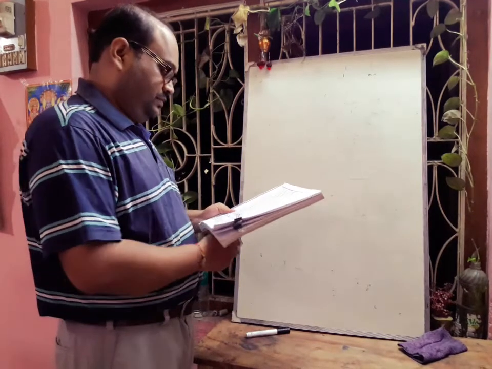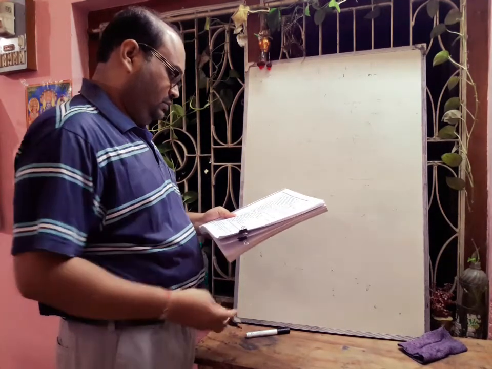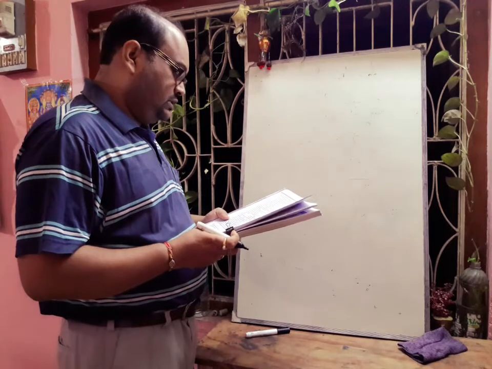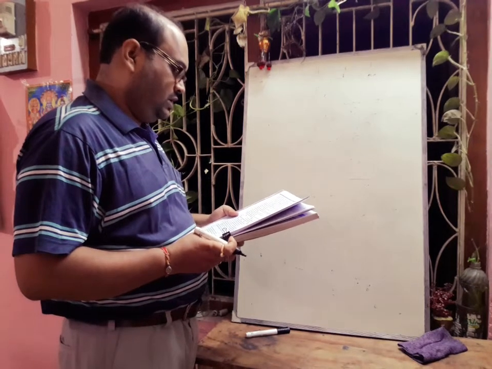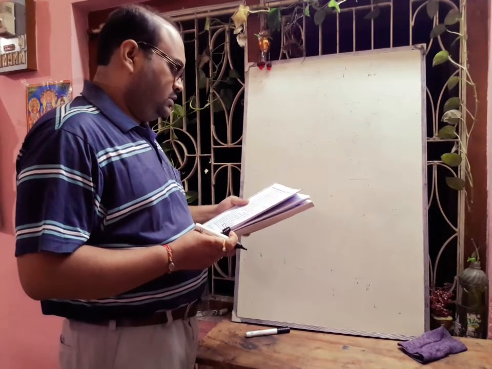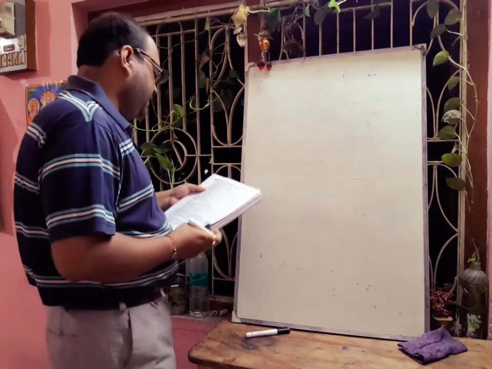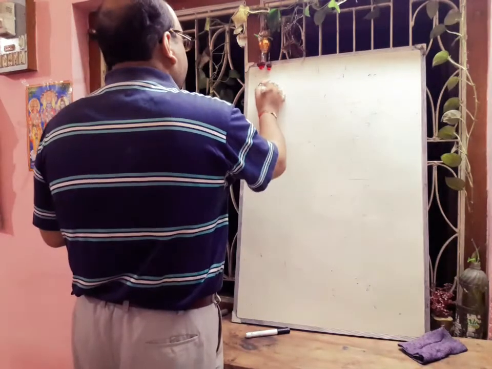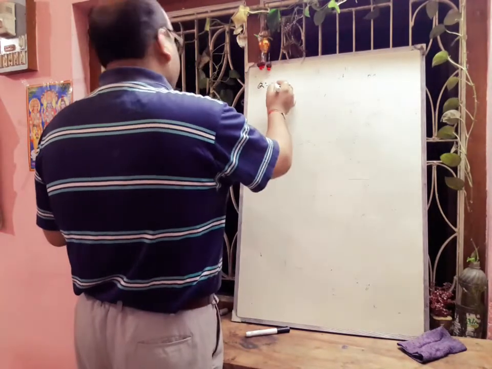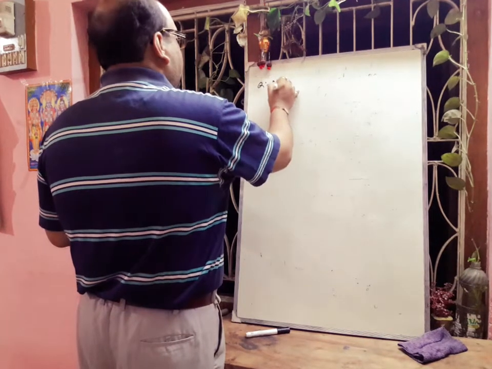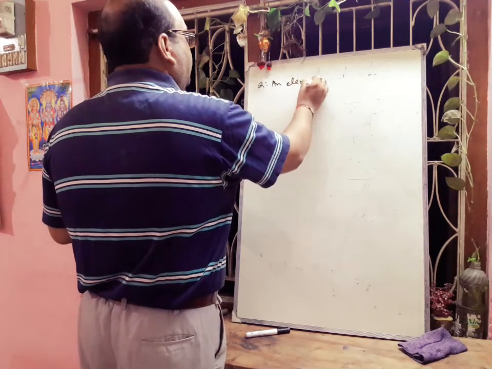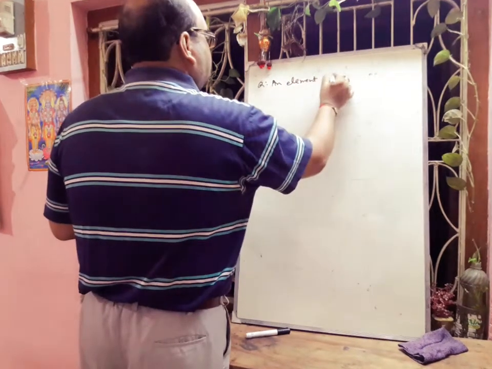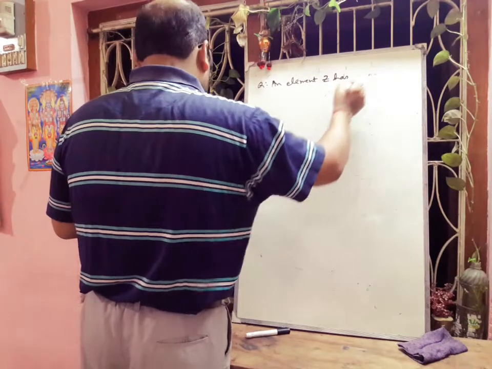Next, we will discuss another type of question. Suppose a question is given from this periodic table part: an element Z has a given atomic number.